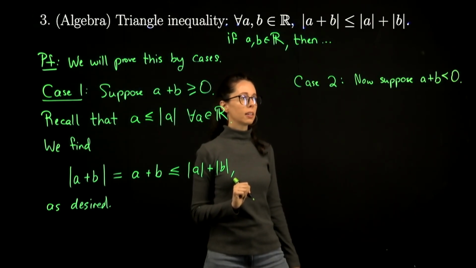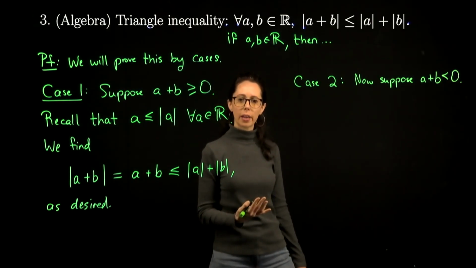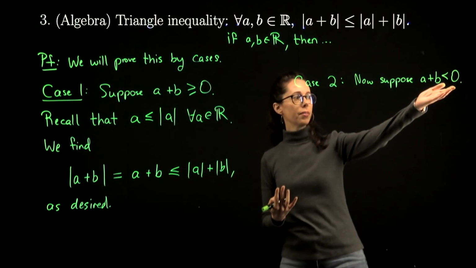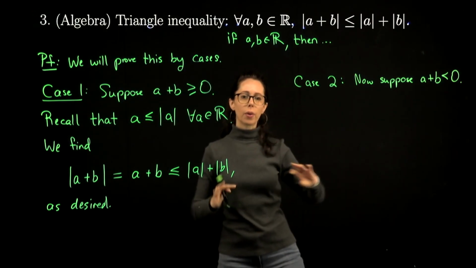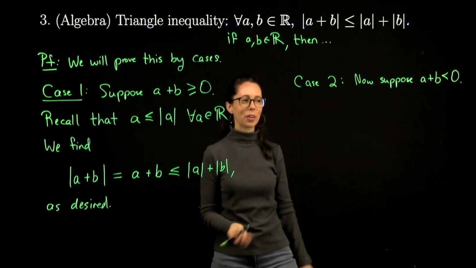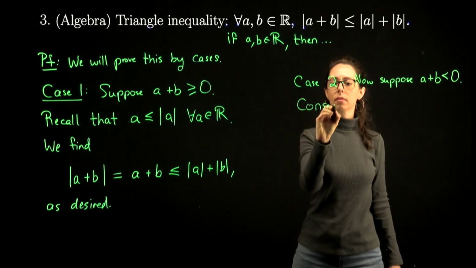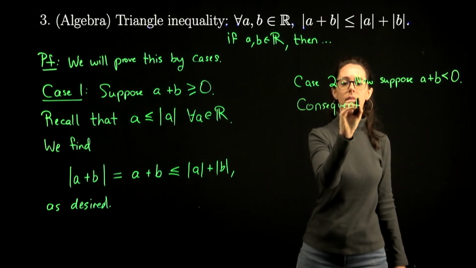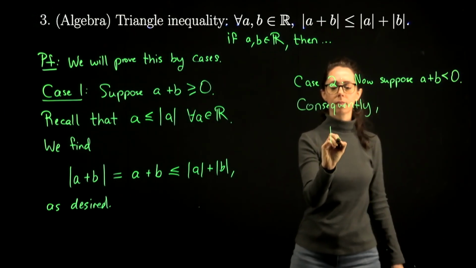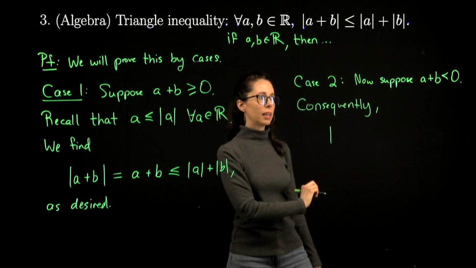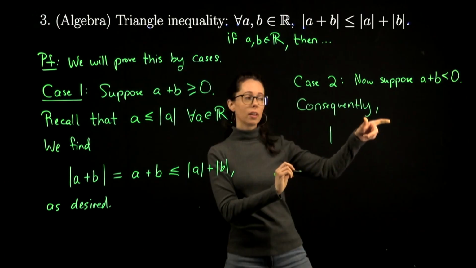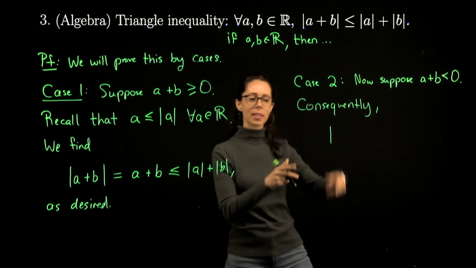Once again, we are going to be able to compute the absolute value immediately because we have enough information of what we're taking the absolute value of to say how the action of taking the absolute value must follow. All right, consequently, the absolute value of a plus b is the negative of a plus b because we have to flip the sign.